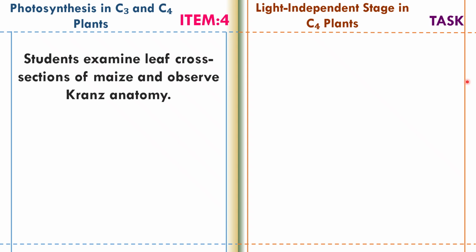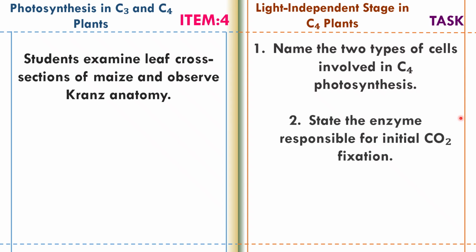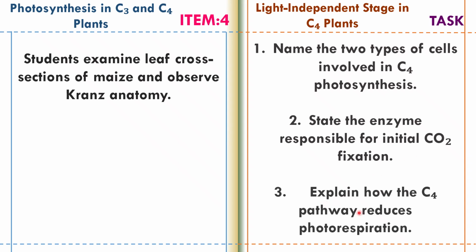Task: name the two types of cells involved in C4 photosynthesis. State the enzyme responsible for initial carbon dioxide fixation. Explain how the C4 pathway reduces photorespiration.